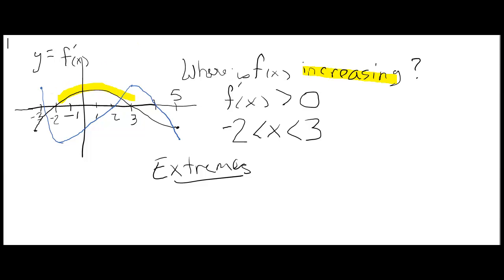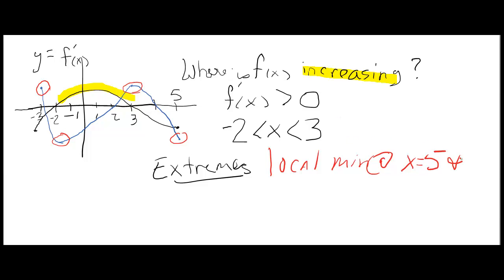So what do we see? We have some extremes here. We have a high point here, a low point down here, another high point, and a low point. So our extrema, we have local minimum at x is equal to 5, and also at -2.